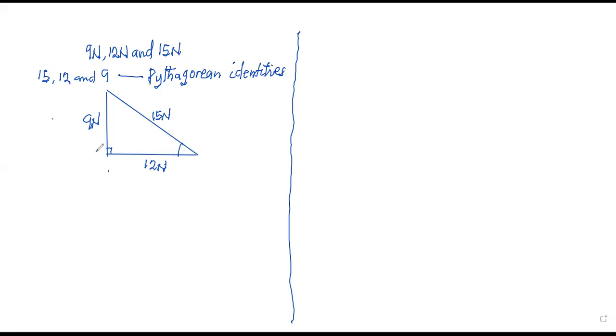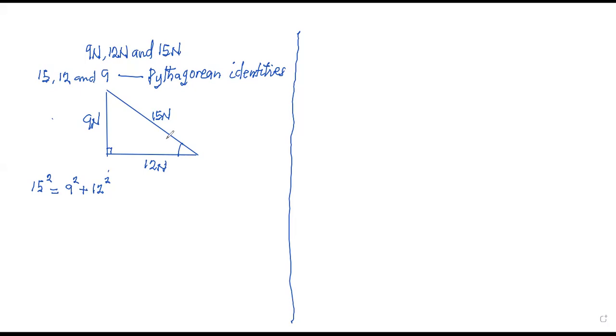This is because they obey Pythagoras theorem, meaning that if you square 15, it must be equal to the square of 9 plus the square of 12. So when you have three values and they obey Pythagoras theorem, they can be represented as the sides of the right angled triangle, and they are Pythagorean identity.